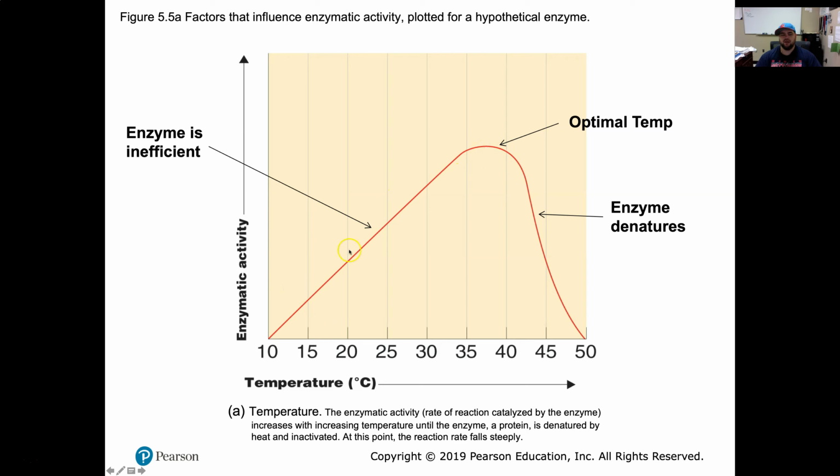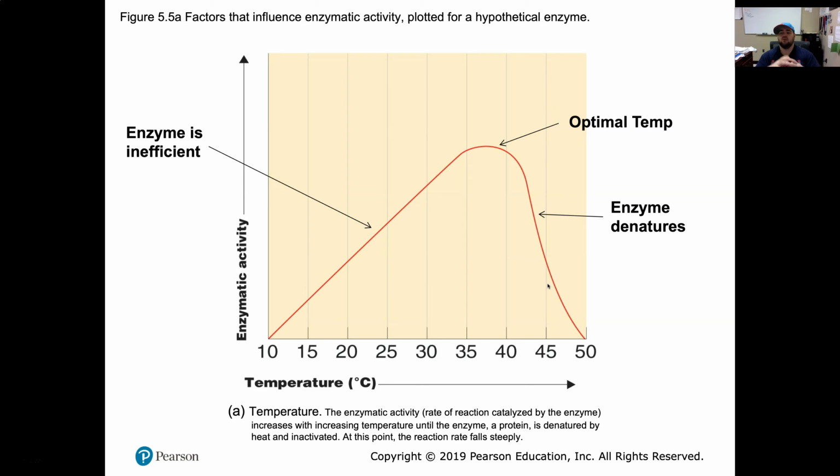Anything below that, the efficiency drops. Anything above that, it will denature the protein and destroy it, and it'll make it useless. So there's always an optimal temperature that enzymes work at, an optimal pH, and an optimal salinity, basically salt concentration.